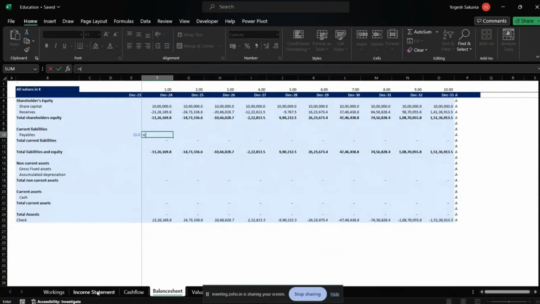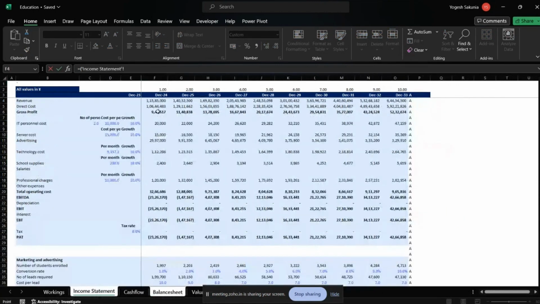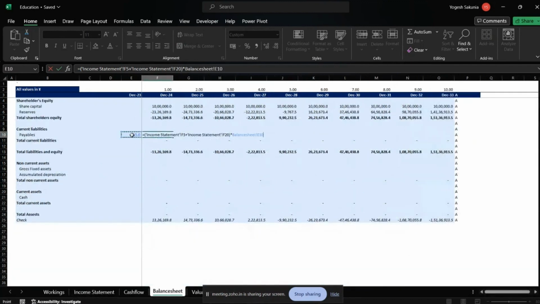So I'm going to say the direct cost plus the operating cost, multiplied by the number of days, divided by 365. And we'll need to freeze this column E.